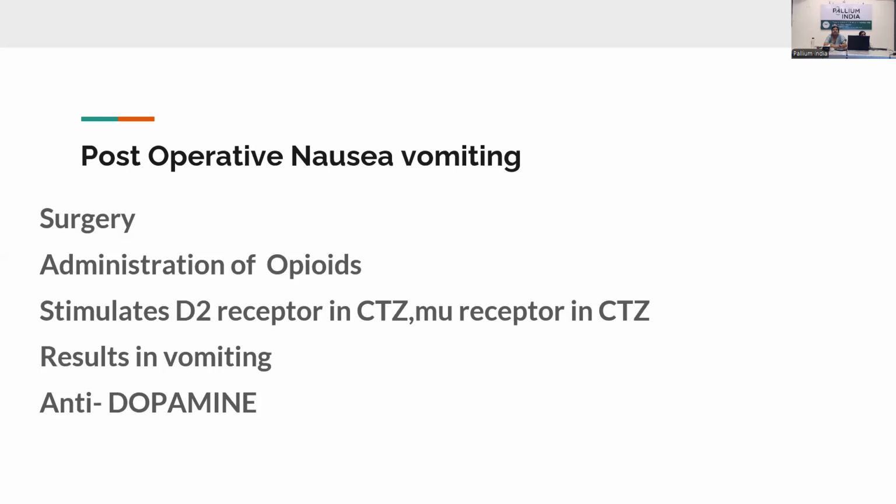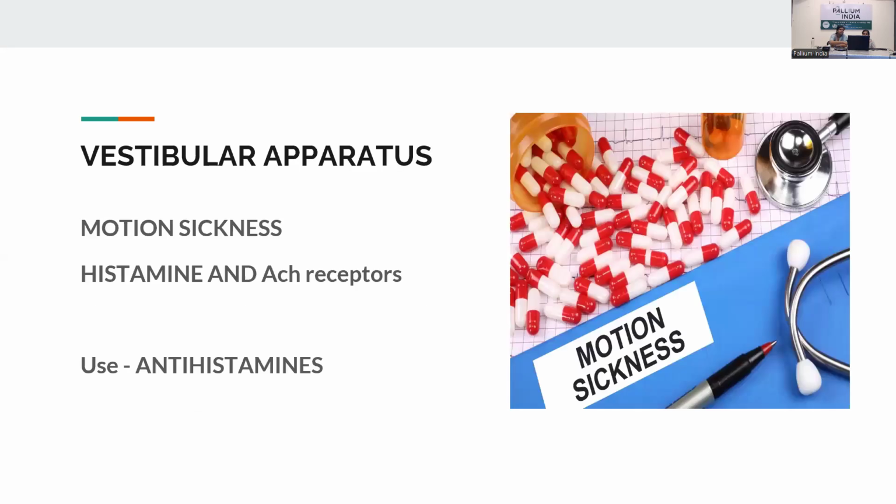So we can give an anti-dopamine. Examples of anti-dopamines are domperidone and metoclopramide. We commonly use metoclopramide post-surgically. This is the reason. And for blocking the mu receptor, we can give haloperidol. That we'll discuss in detail.